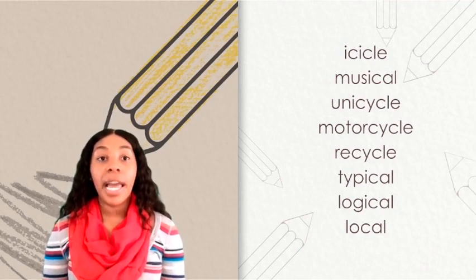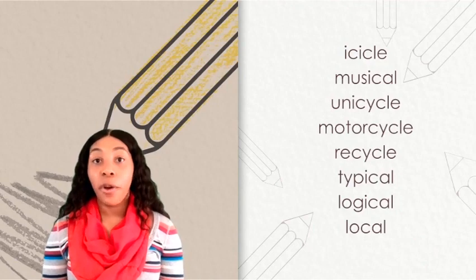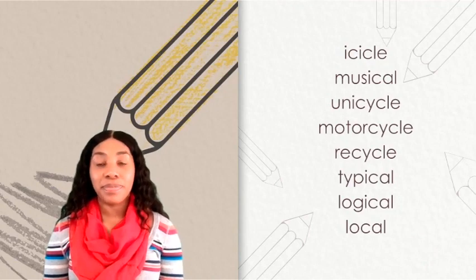Use your paper and pencil to write a complete sentence using at least 3 words from this list. Don't forget to start your sentence with an uppercase letter and end with punctuation. I will leave this list up to help you as you write. Good luck.